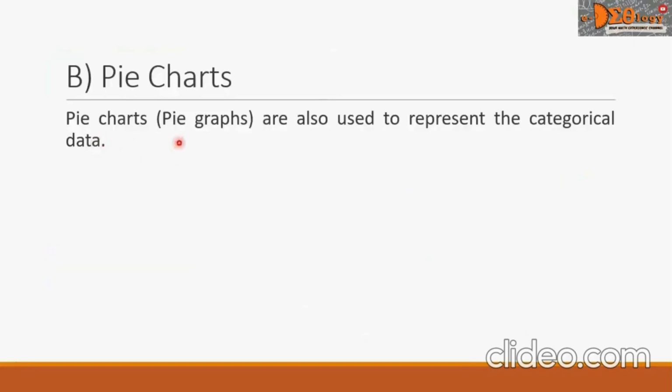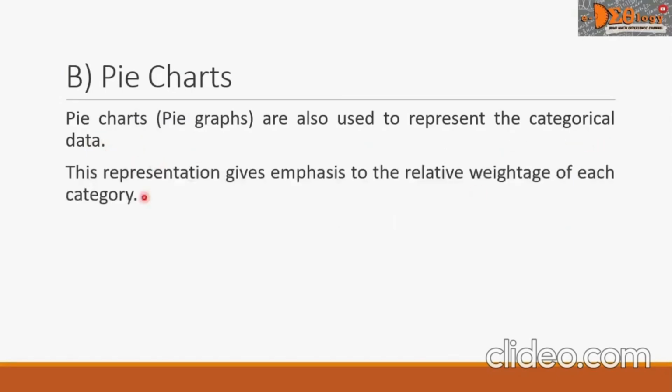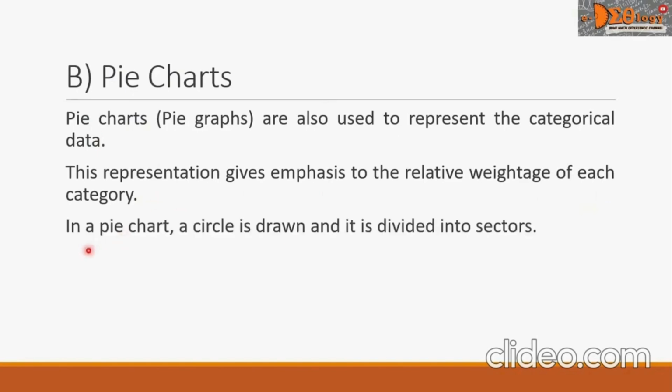Pie charts or pie graphs are also used to represent categorical data. This representation gives emphasis to the relative weightage of each category. In a pie chart, a circle is drawn, and it is divided into sectors.